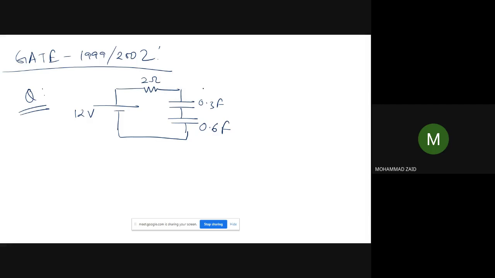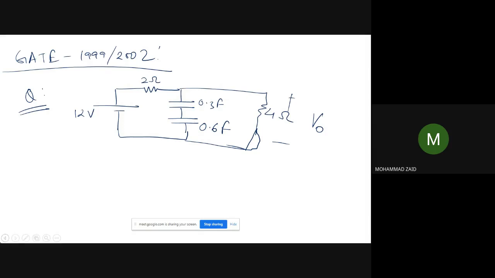There is a resistance in parallel with this, that is 4 ohm, and this is the voltage V naught across it.